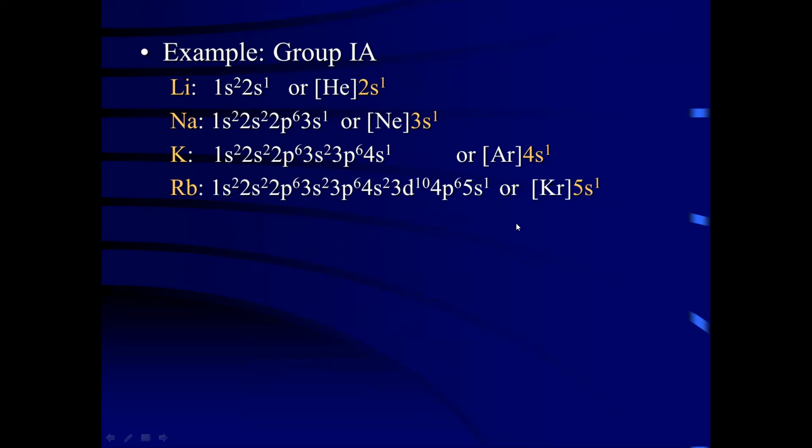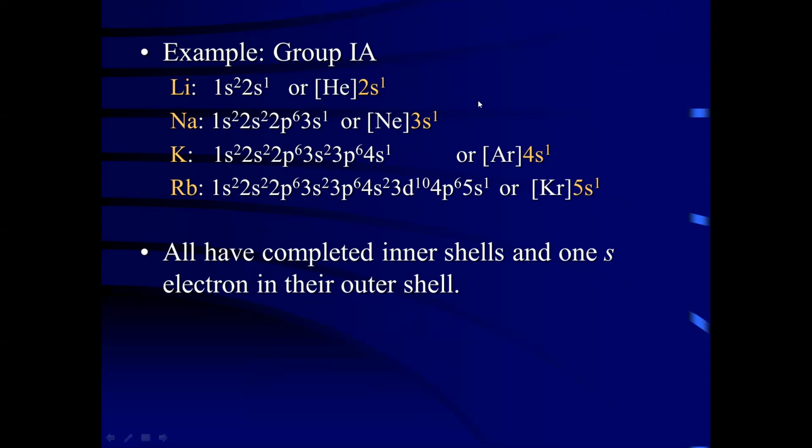This is why I ask you to practice this. You find out if it's true or not, if they all end up with s1 or not. Don't trust others. You should do it by yourself. All have the complete inner shell and 1 s electron in their outer shell.